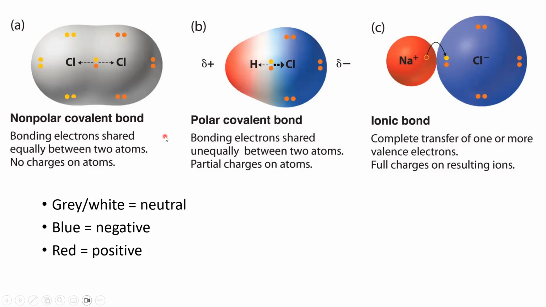When we look at a non-polar bond, they're sharing these electrons evenly, so everything's balanced out. We just wind up with a neutral bond, neutral chlorines, in this case for the diatomic. But with hydrogen chloride or hydrochloric acid, chlorine is more electronegative than hydrogen.